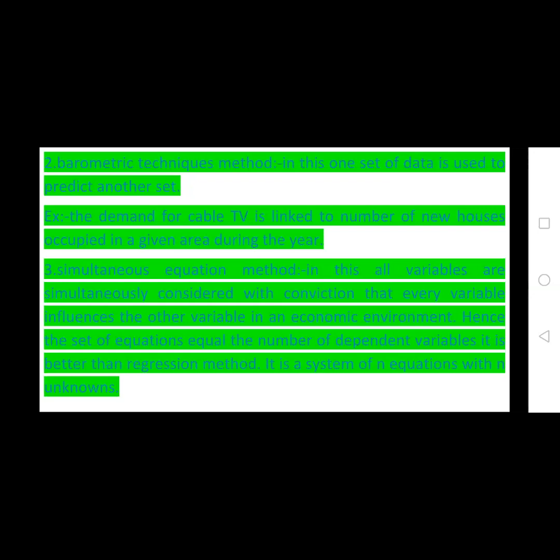So what is the number of dependent variables, and how do these depend upon which type of independent variables? For example, in the barometric techniques we explained that the increase in cable connections depends upon the number of TV purchases or the number of new houses occupied.